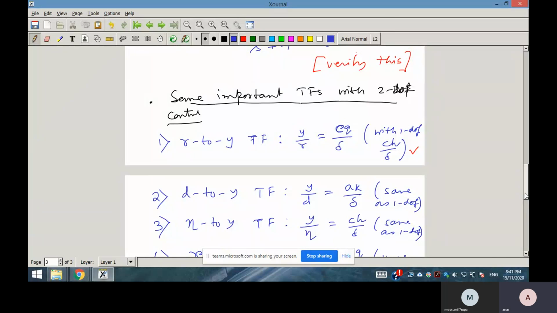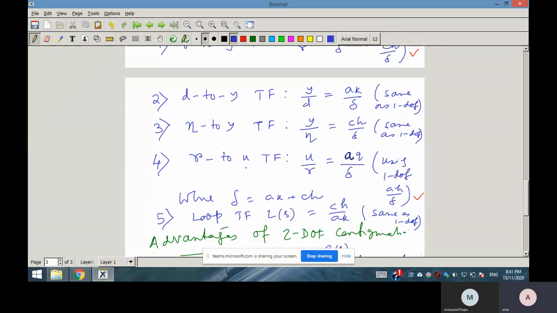Okay, reference input to output characteristics and reference input to controller code characteristics. Because of this presence of Q, this independency comes. So now we'll see how to design such a controller, how to choose.